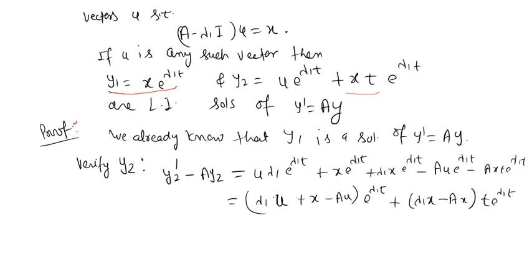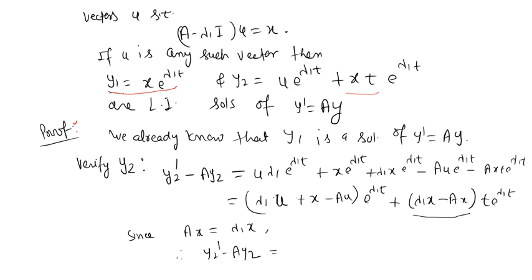Since Ax equal to lambda 1 x by definition, the t term will vanish, so this will be 0.